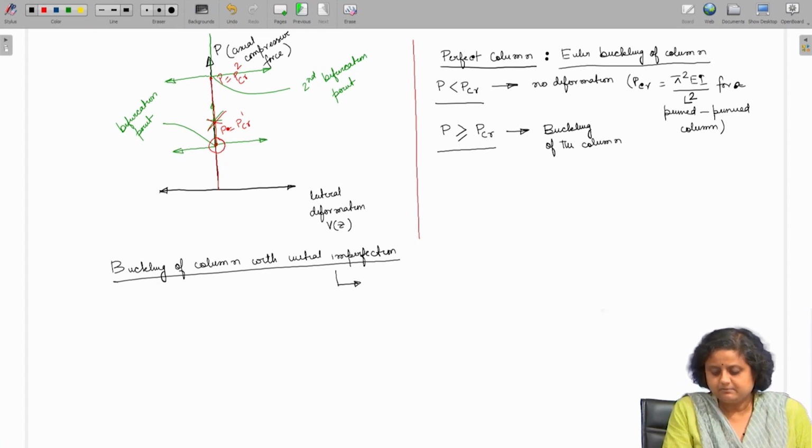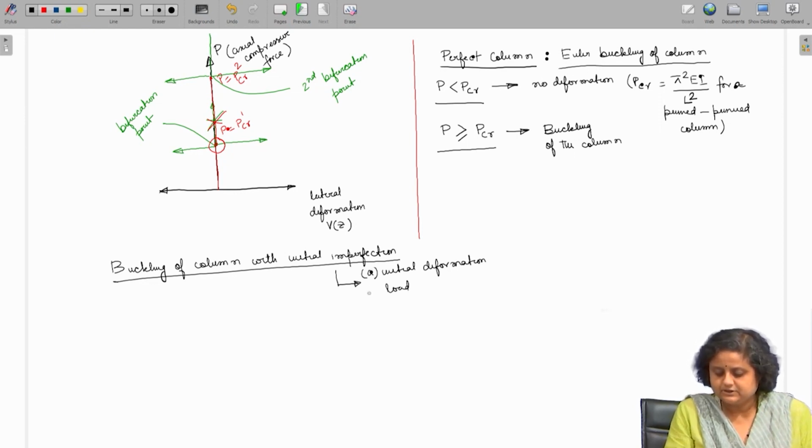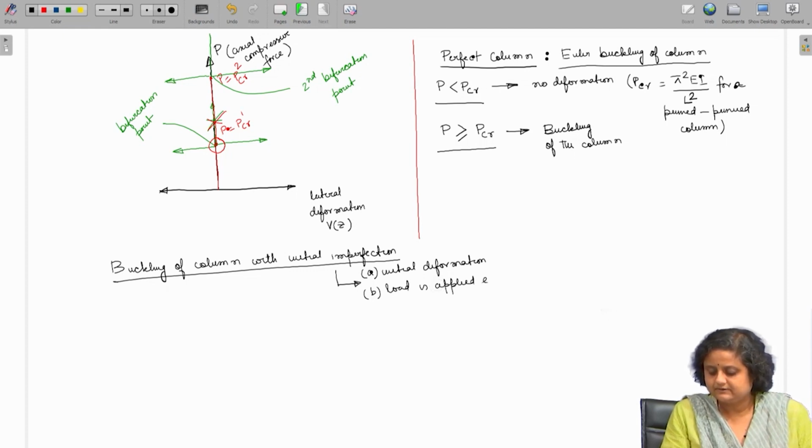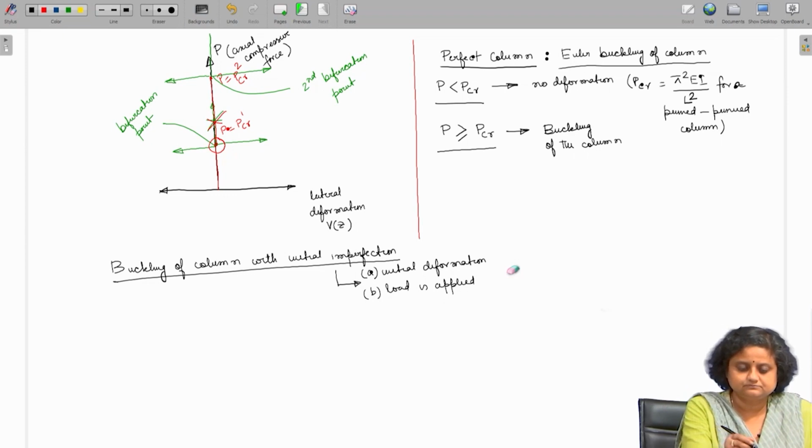This initial imperfection could be an initial deformation that exists. So, already the column is slightly deformed, and the load might be applied. So, A could be initial imperfection, B could be the load is applied eccentrically, or the load is applied with an eccentricity, or eccentric load, that is all we can say.